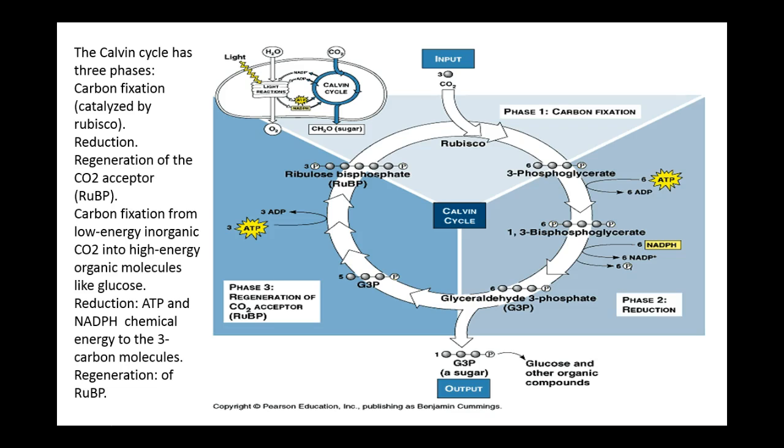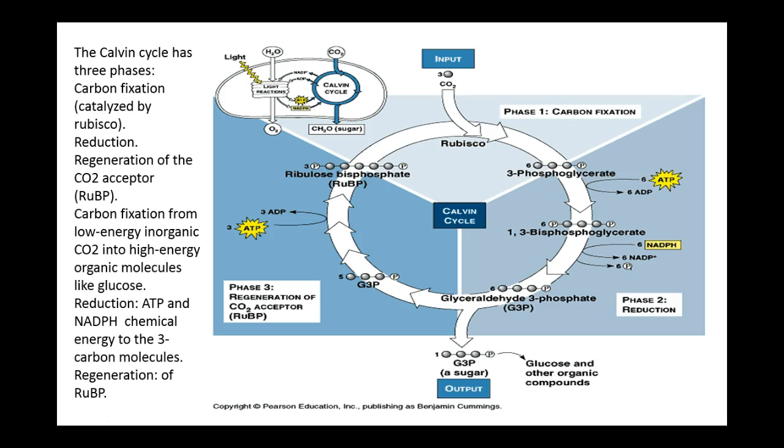So 3 phases. The first phase is carbon fixation. The big thing that you put together with that is this chemical called Rubisco. Rubisco. That's actually its nickname. It's a shortened version of its chemical name.